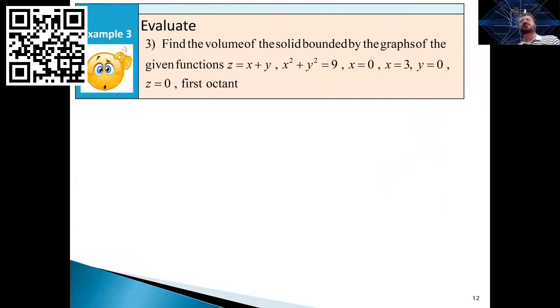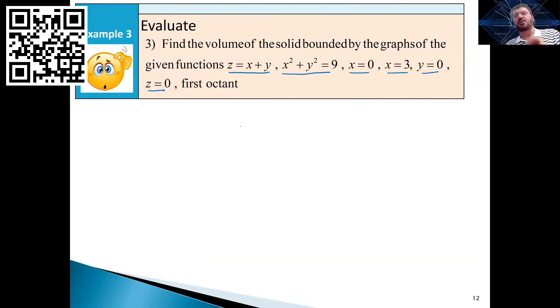All right. Let's find the volume of the solid bounded by the given functions. z equal x plus y. By the way, don't worry about this one because this is the inside. Then you have this, this, that, and this in the first octant.